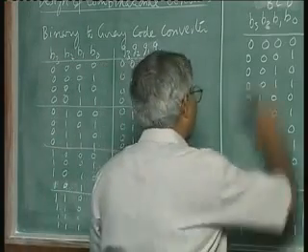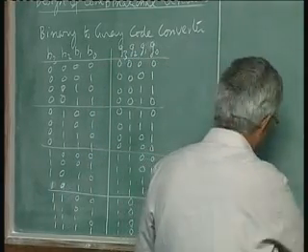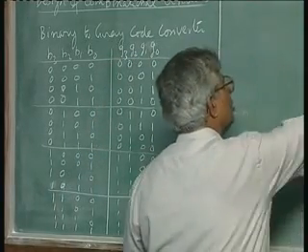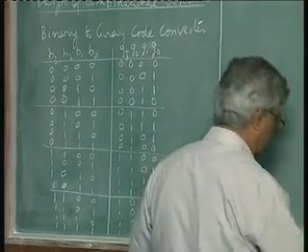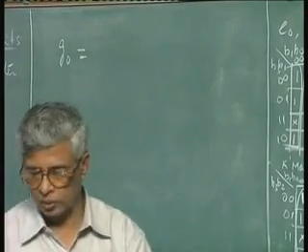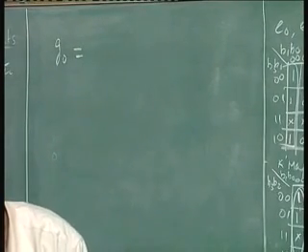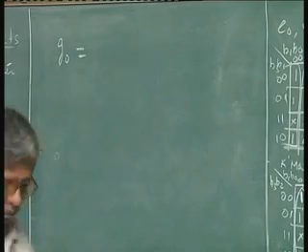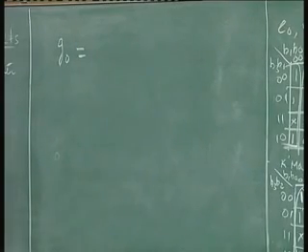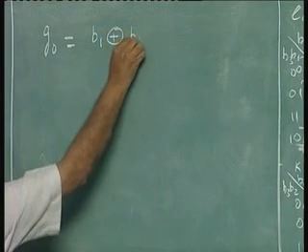So I am not going to draw the corner maps. It is your job as an exercise. I am going to give you the answers though, so you can verify this at home. G0 would be B1 exclusive or B0.